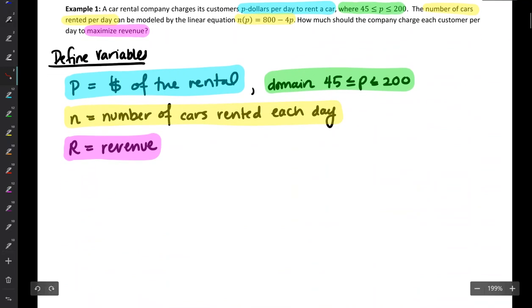Right? So my objective, they used the word maximize there, is the revenue.